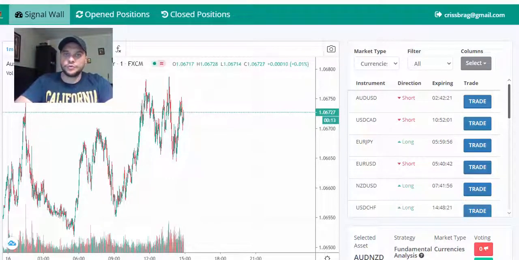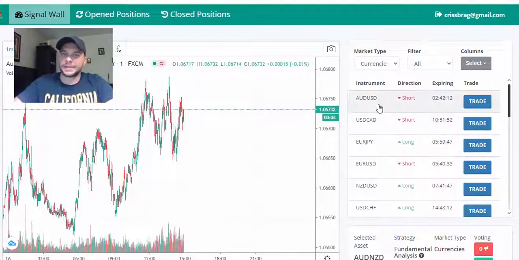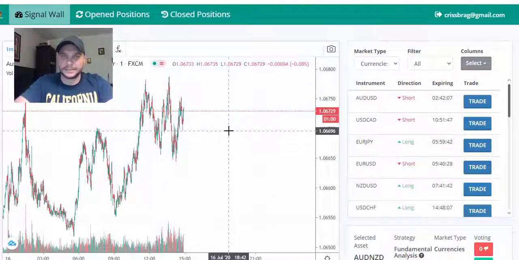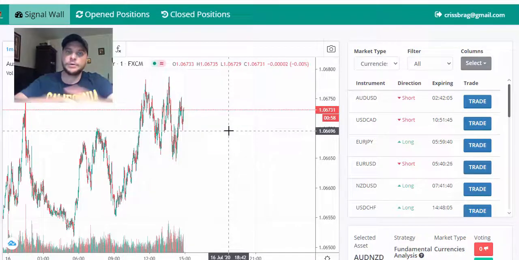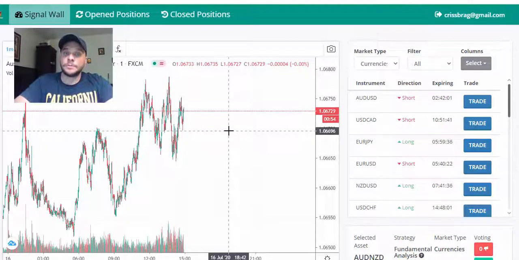For those of you who don't know what FX Autobot is, it is a semi-automated trading software. That means you need to choose a signal and click on the trade button, and this will automatically place the trade into your assigned broker account. The minimum amount that you need to start using this trading software is $250.